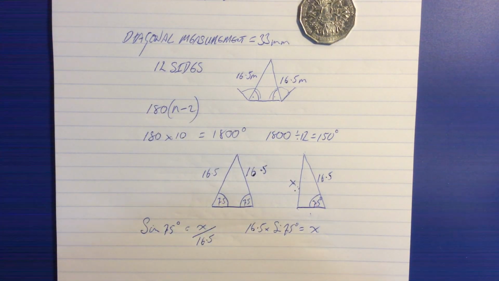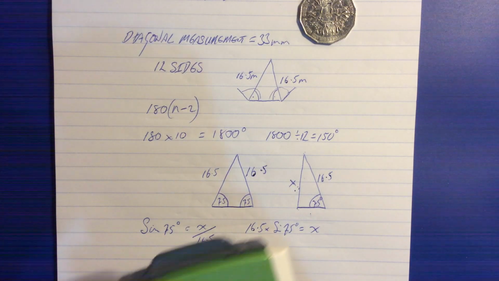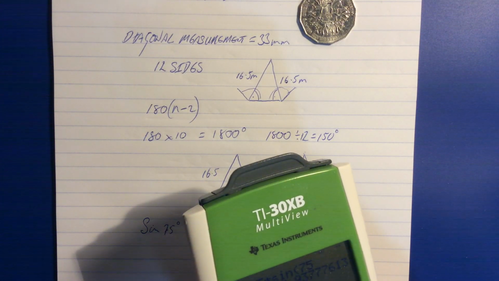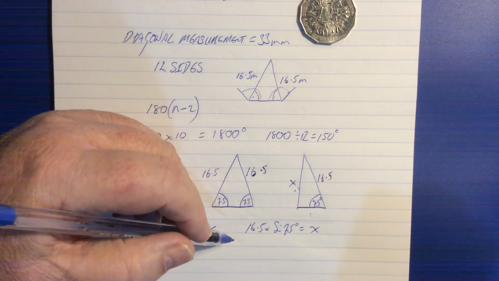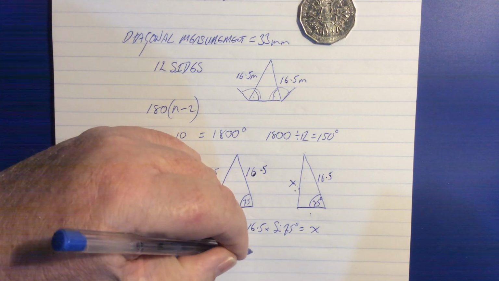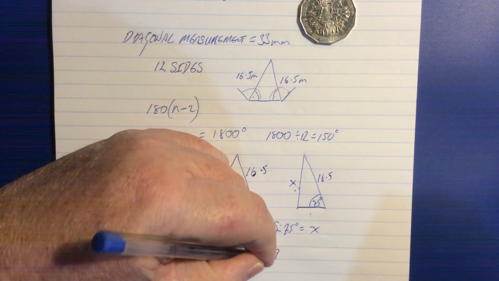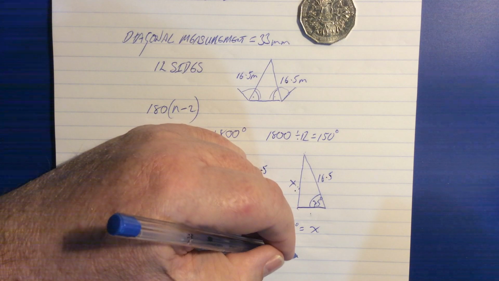Let's get going. And the answer is 15.94. We'll do this approximately. So x equals 15.94 millimeters.